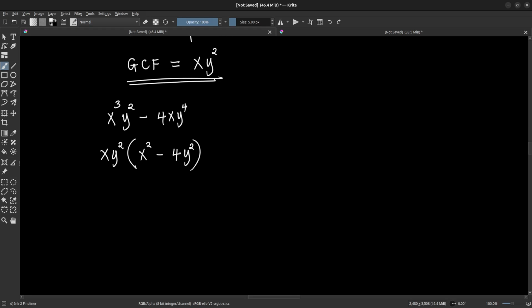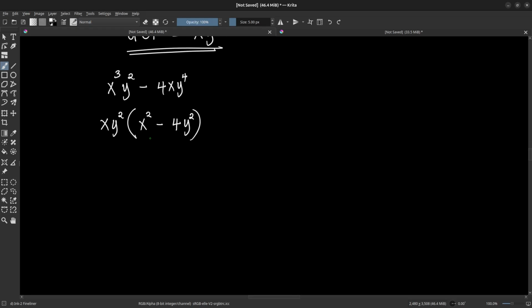Okay. So at this point, we are not yet done. What is 4? We can write 4 as 2 squared. So 4y squared is the same as 2 squared, which is 4, times y squared. But then again, remember, when I give you x to the power of a times y to the power of a, this is the same as x times y to the power of a.